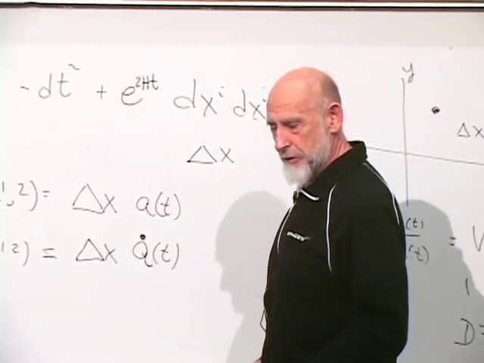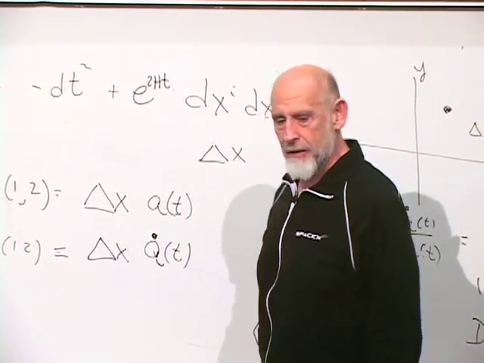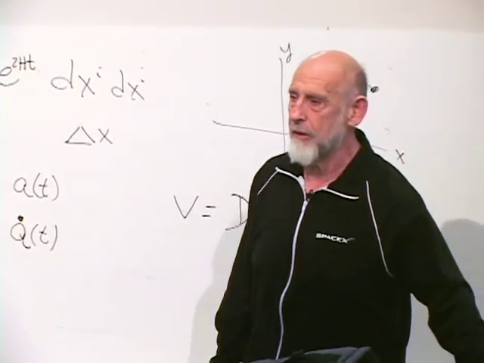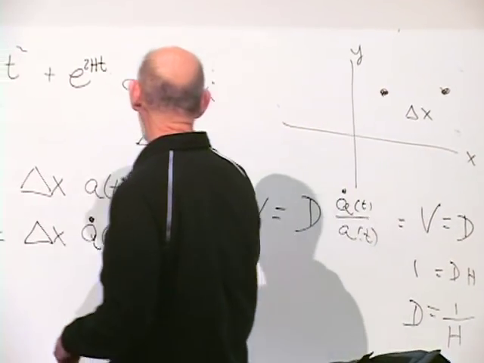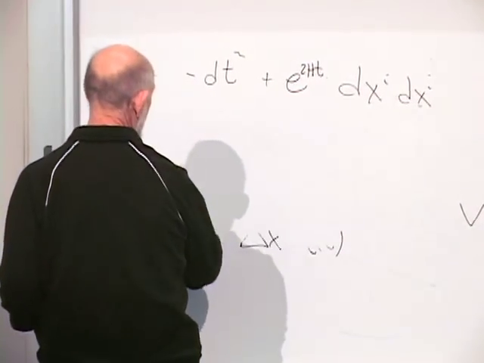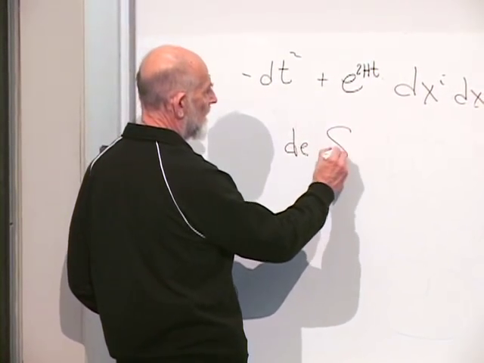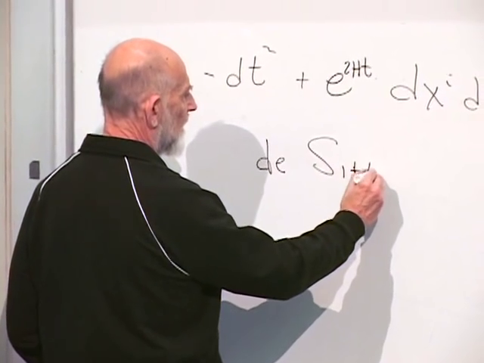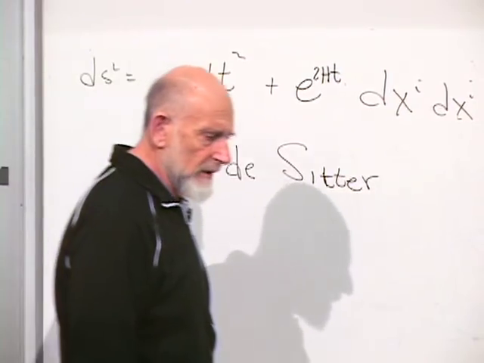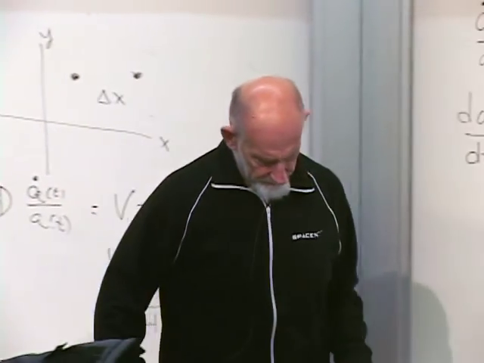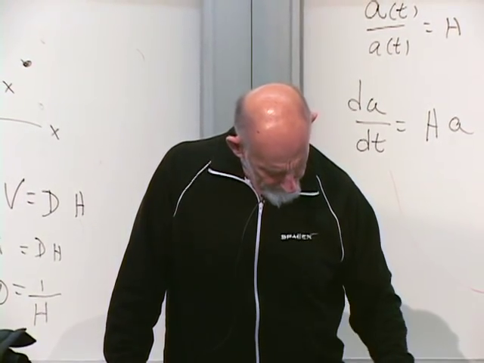It's called de Sitter space, after the mathematical astronomer and physicist who first discovered it, Willem de Sitter, a Dutchman. Small d, small e, space, Sitter. And it's exponentially expanding.